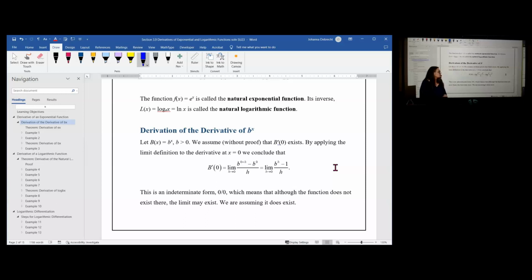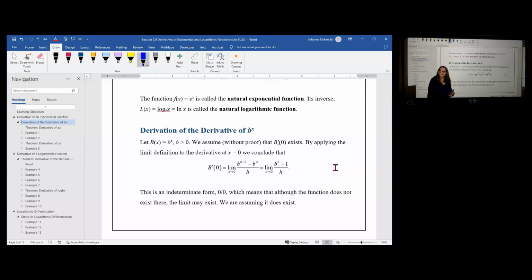We're going to assume, without proof, this is one of those things we can't prove yet, that this function, which consists of base b to the x power, has a derivative at 0 that does exist. Then we can go ahead and write the definition of the derivative as h approaches 0. This would give us b to the x plus h minus b to the x, all divided by h.